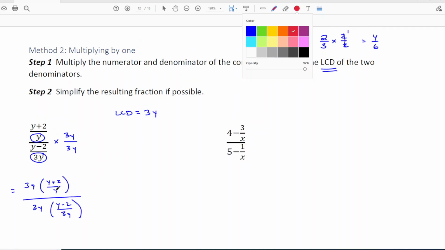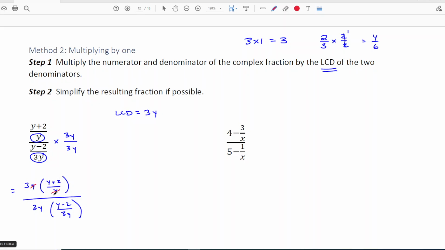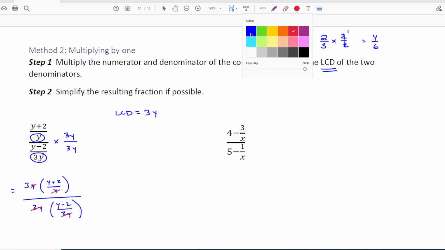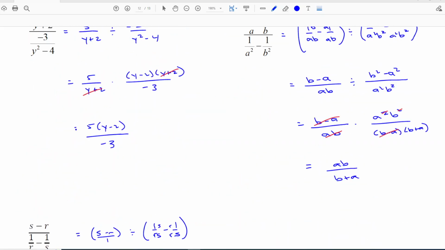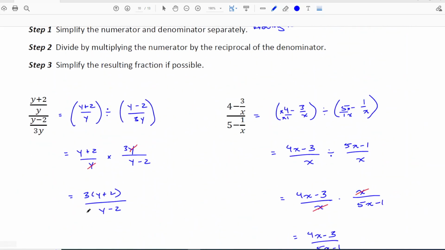So what we're doing is getting rid of the part that's complex. So 3y divided by y, the y's will cancel to give you 1, and then 3y divided by 3y is also 1. So then I'm left with 3 times y plus 2, over y minus 2. And you'll notice if you scroll up to method 1, that we get the exact same answer.